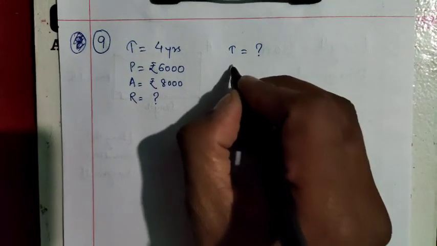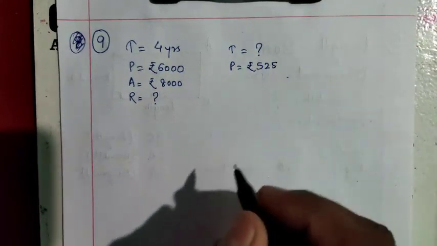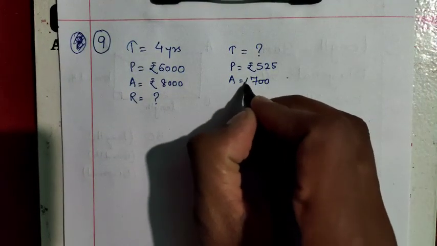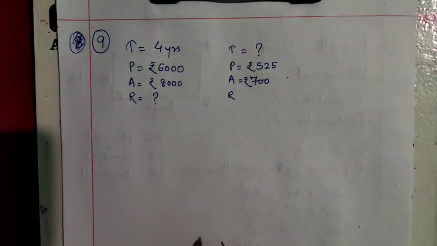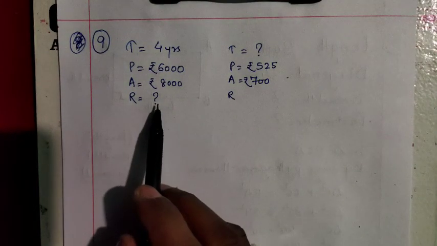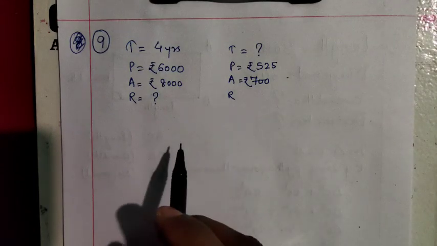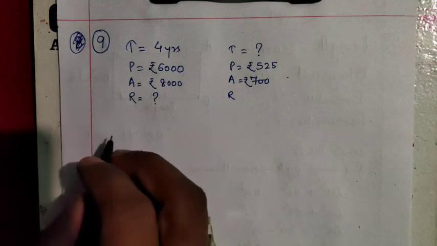Principal is given, rupees 525, amounts to rupees 700. It means amount is also given, rupees 700. Here rate is also not given, and the question says at the same rate. It means whatever rate has been used for the first part, the same rate will be used for the second part. So what we have to do is first calculate the rate of interest from the first part.